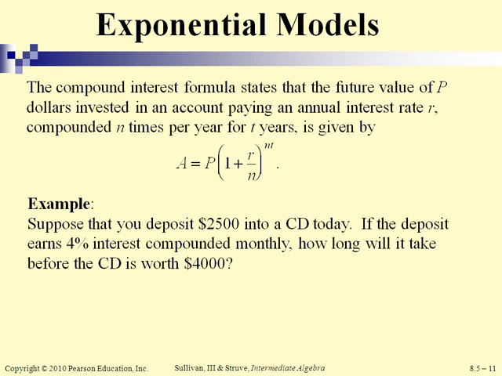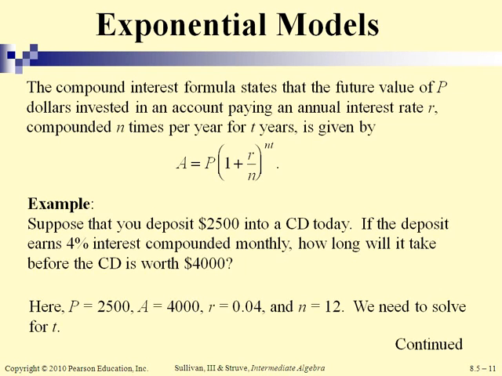So you say, well, I know the principal is 2,500. My dream is to get 4,000. My interest rate 4% is 0.04. And it's going to compound monthly. It means every month you are going to compound, right? So you need to solve for T.